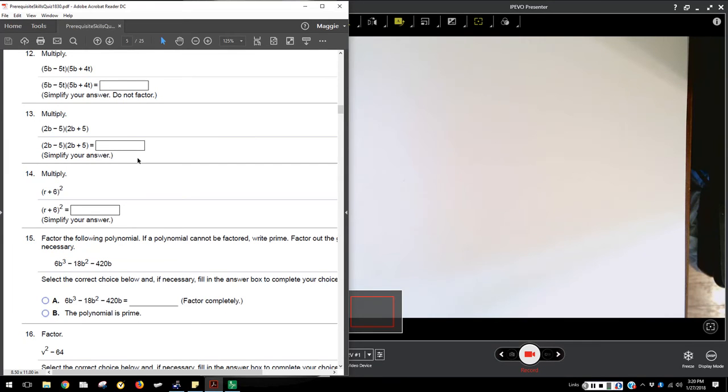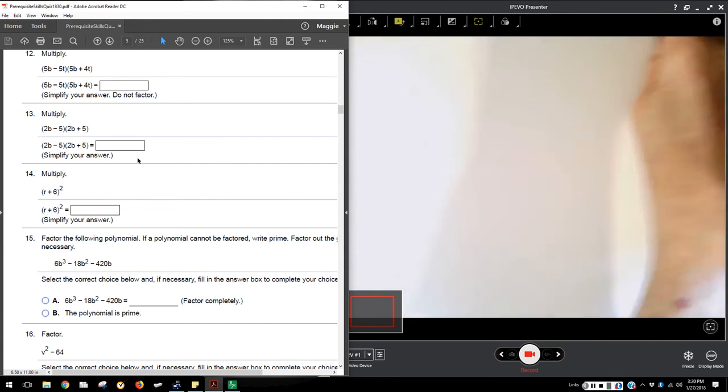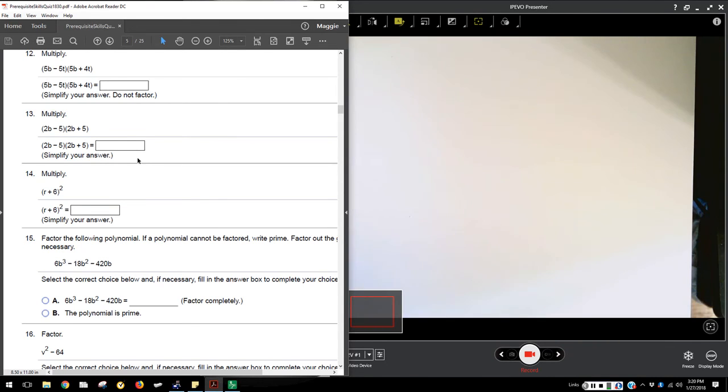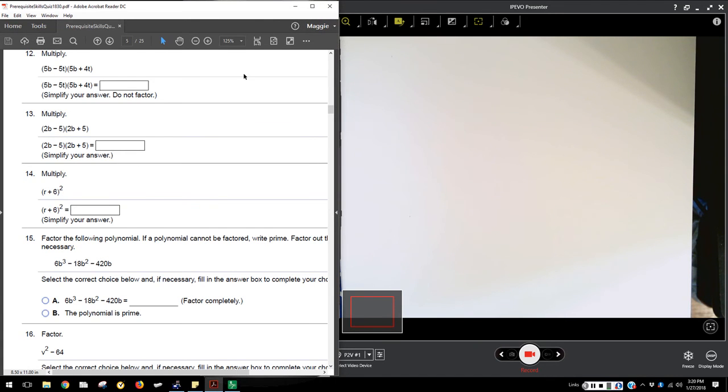Number 12 is a multiplication problem, and so is number 13. And when I teach these same problems in my class, I use the multiplication box that I used when we were factoring. So I'm going to show you how to do it that way, and maybe it will help you understand why the factoring boxes work and why they're so efficient.